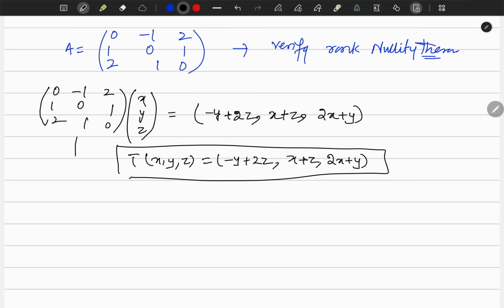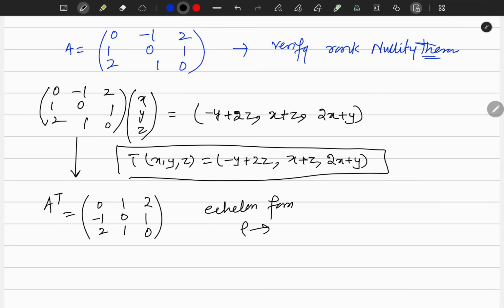Or you can also do it directly. Take the A transpose, that is here 0, minus 1, 2, 1, 0, 1, 2, 1, 0. Find its rank, make it into the echelon form. That is the rank of the range space, and then find the zero rows and all, so you will find the nullity as well.